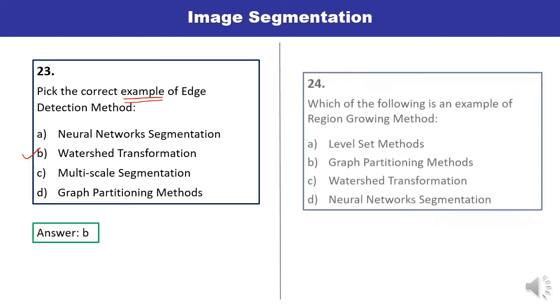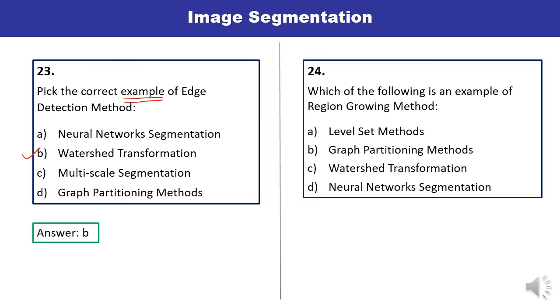Correct one. Question number 24 is, which of the following is an example of region growing method? Read all the options and find out the correct one. So neural network segmentation is a perfect example. Let us check the answer. This is correct.